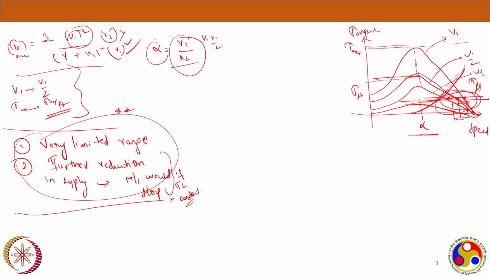Compared to these problems you just saw in the induction machine, in the first case, where we insert resistance in the external circuit, it experiences high losses and efficiency goes down. When we reduce the input supply altogether, we achieve a very limited range, and the machine might stop if we reduce the voltage further.